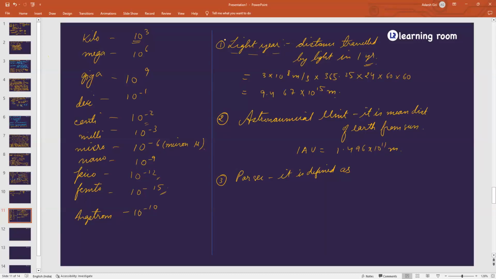It is defined as the distance at which an arc of one astronomical unit subtends an angle of 1 second.